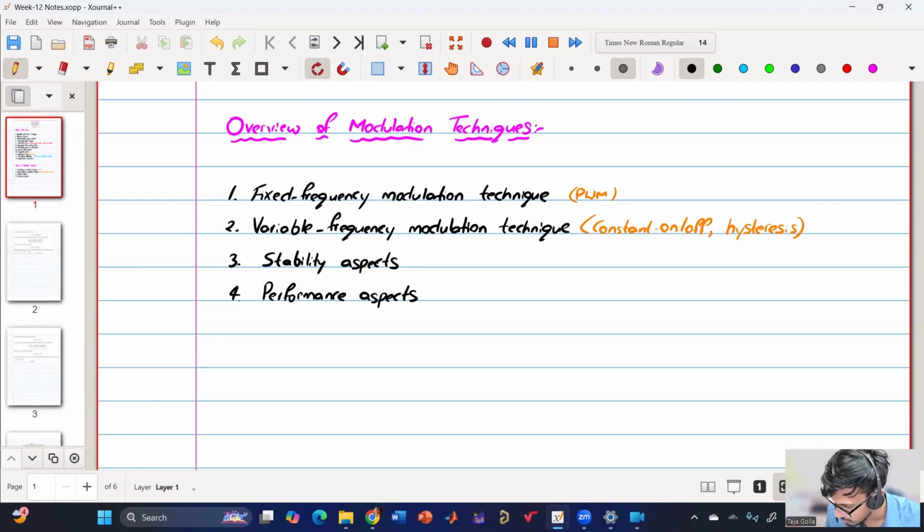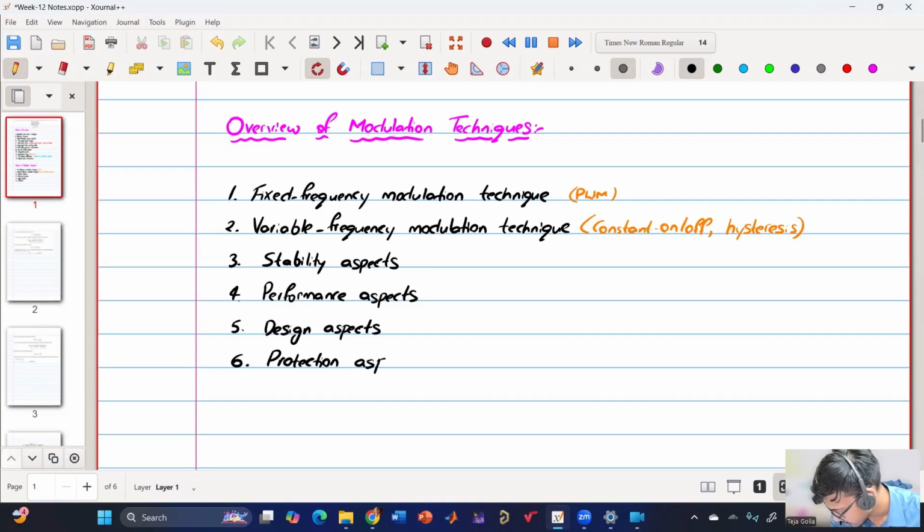Also, we have discussed some design aspects, how to design the controller for both the cases. And then we have also seen some protection aspects in terms of current limit, because the peak current has to be limited to protect the circuit, and for variable frequency we have this minimum on time, minimum off time.